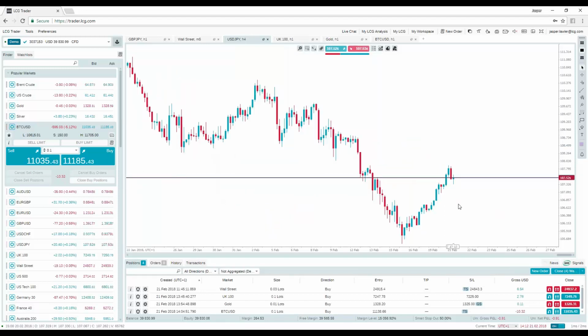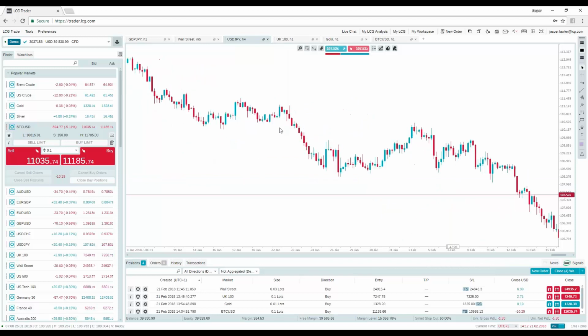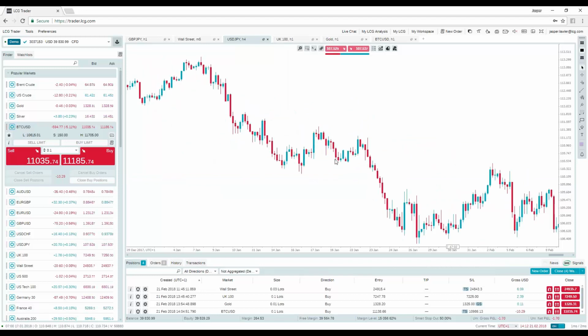So say, for example, we had a big drop in the market, and you're waiting for the next leg down. So we have a bit of a sideways movement here.